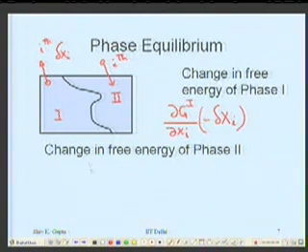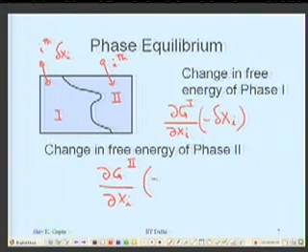The rate at which it changes, let us say, is this for the ith component, and the amount added to it is the change in the free energy of phase 2.